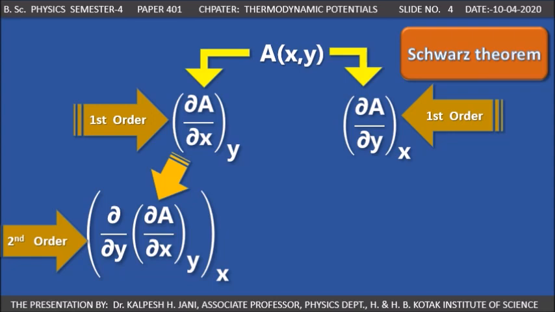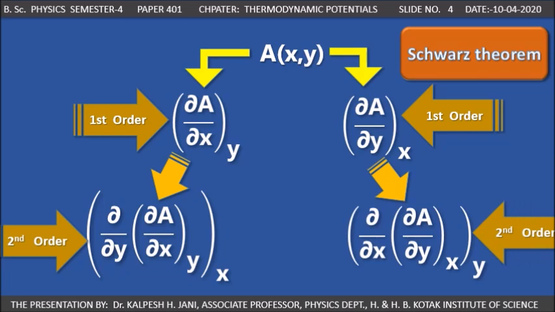In the same manner, the term on the right can also be differentiated with respect to x while keeping y constant, and you get this term. So the two terms at the bottom of the slide are the second order differentiations of the function a with respect to x and y. On the left we have differentiated first with respect to x and then y, and on the right we have differentiated a first with respect to y and then x.